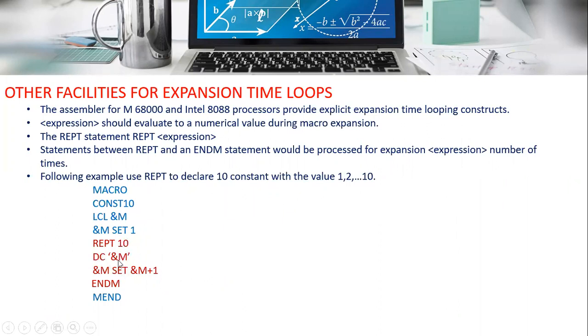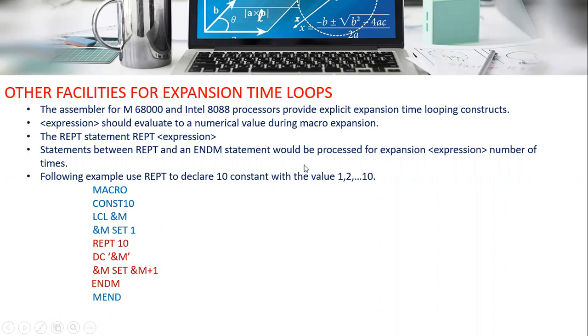And when the value of m reaches 10, then the MEND statement is executed, the repetition or the loop of this particular statement is completed, and our macro will end, that is the end statement will be reached. Okay, this is another way to perform expansion time looping in case of macro expansion.